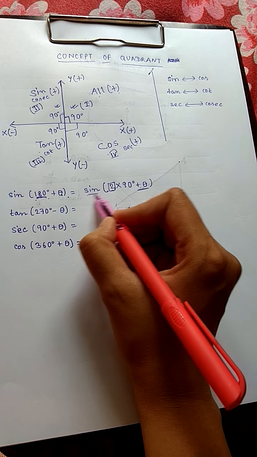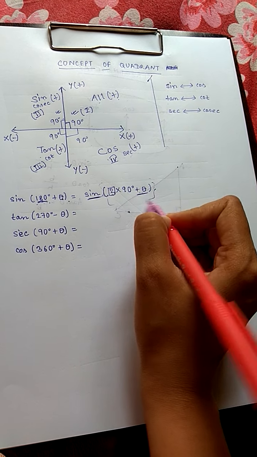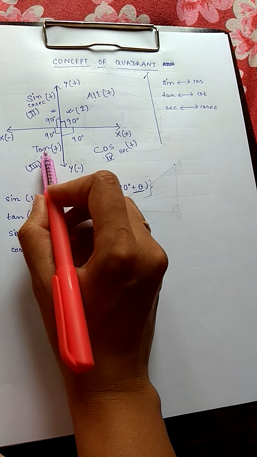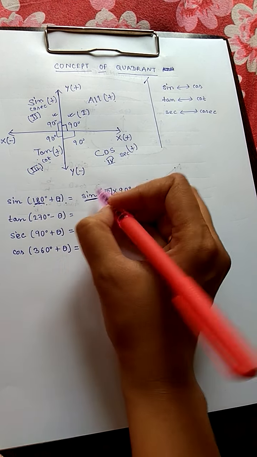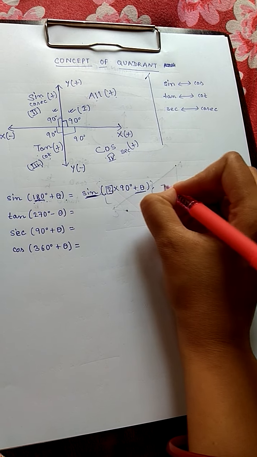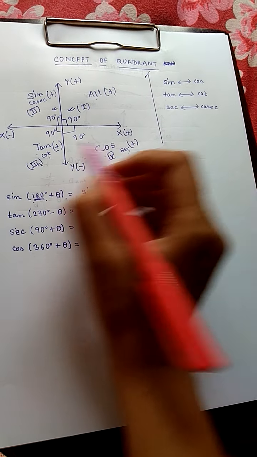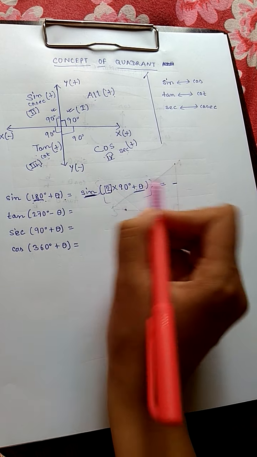That means this sine value will lie somewhere in the third quadrant, and in the third quadrant tan and cot are positive, and all other trigonometric ratios are negative. Here it is sine, so first we will write minus. Why? Because it is in the third quadrant, and in the third quadrant the value of sine is negative.